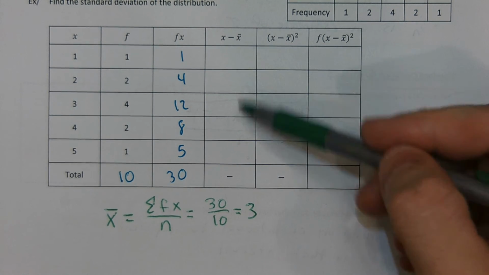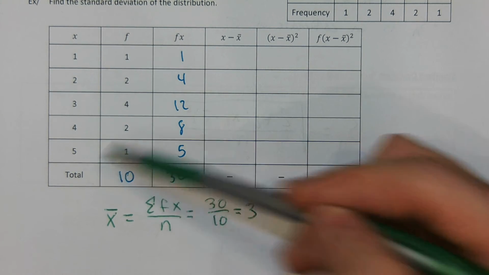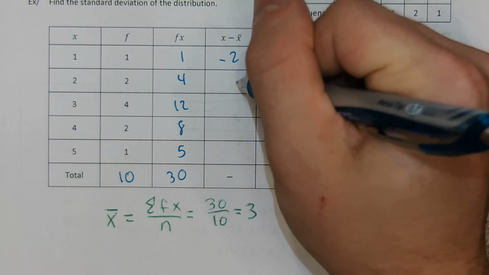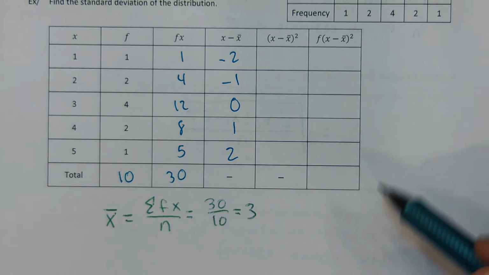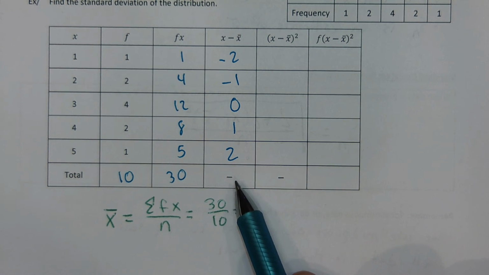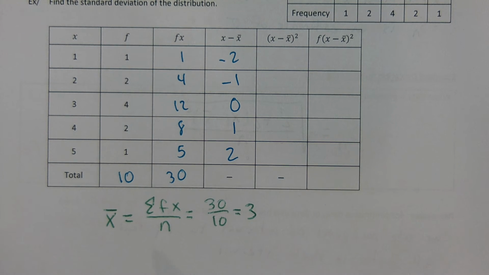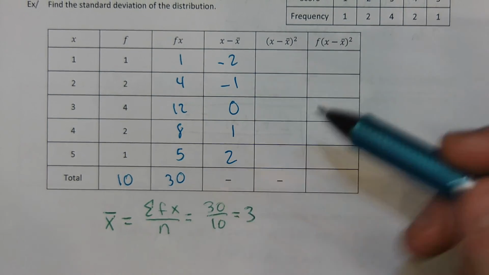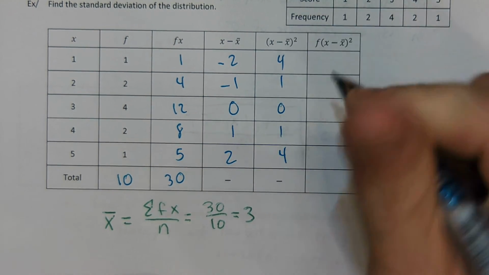So this column is going to be populated by these numbers minus 3: 1 minus 3, 2 minus 3, 3 minus 3, 4 minus 3, 5 minus 3. Summing these doesn't mean anything to us, so I put a dash there, and also for summing the squares. This next column is just this column squared, so again we get positives only: 4, 1, 0, 1, 4.